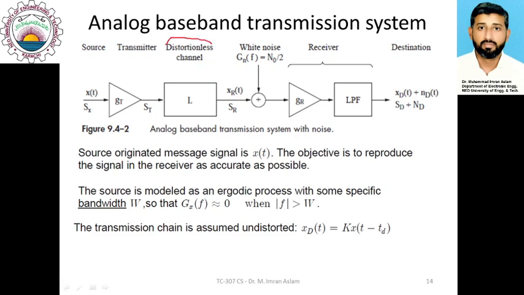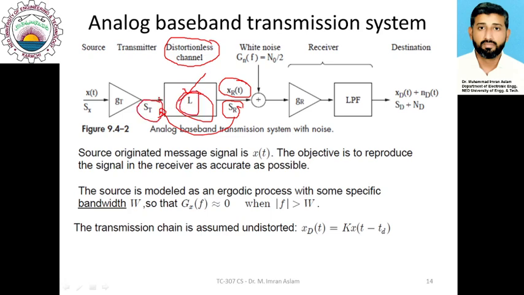So when the signal passes through a distortionless channel, we know that there is an attenuation that occurs during propagation. So this distortionless channel causes some loss, which is represented by L. So after the channel, the signal is received at the receiver side. The received signal will be represented by this R, and that will have a certain amount of power which is represented by SR. If you try to relate SR with ST, you can see that this is a simple relationship, because there is a loss L here.